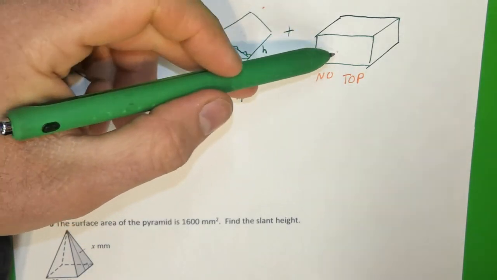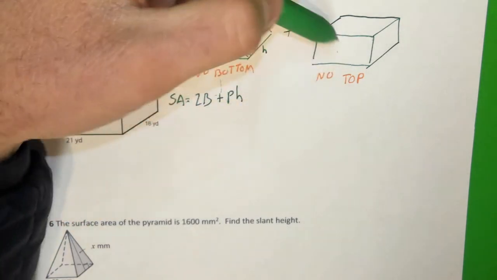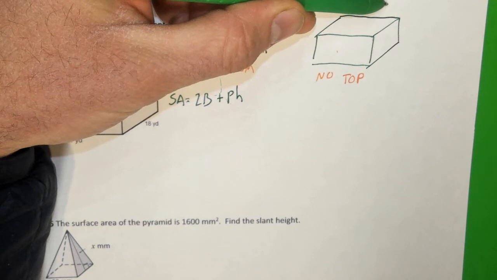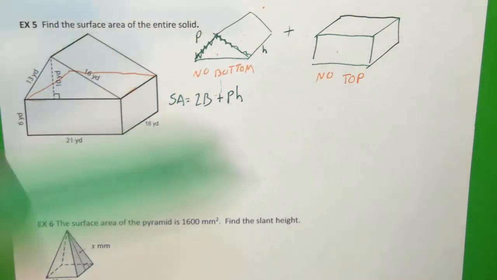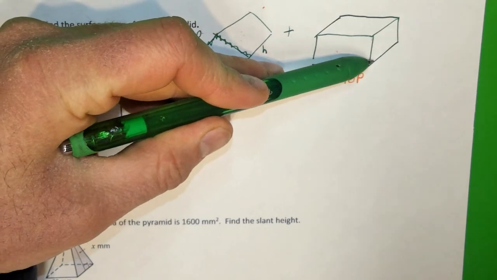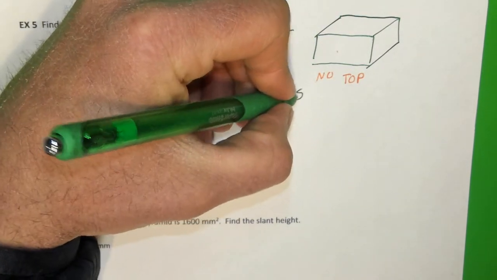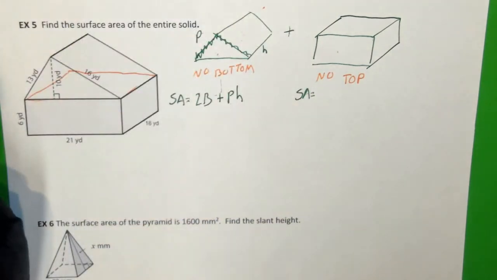Now for this one over here, you can think about it slightly differently, or the same. You can think about it as a rectangle that has been extended to the back, very similar to our triangle, or more likely you're going to think about it as a rectangle at the bottom that has been extended up. If you think about it that way, then you're going to need to think about this surface area a little bit differently.